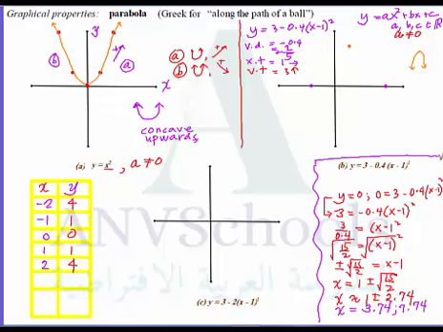Okay, where is our y-intercept? So x is equal to 0. Set x equal to 0. And that will give you y is equal to 3 minus 0.4 times (0 minus 1) squared. So that will give us 3 minus 0.4 times negative 1 squared. So y equals 3 minus 0.4.